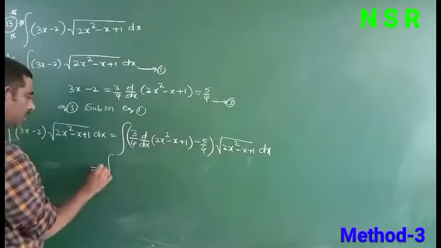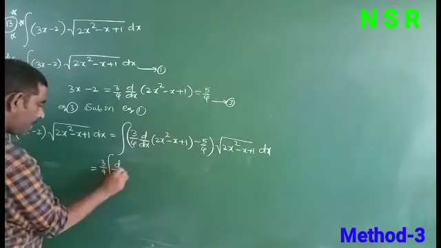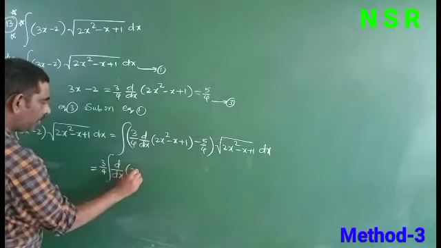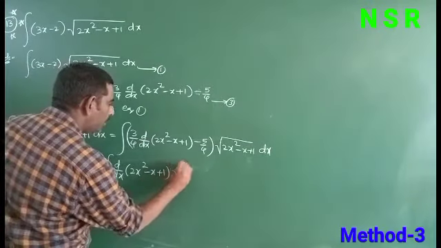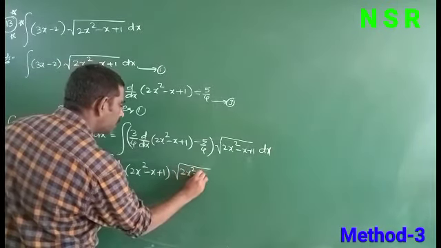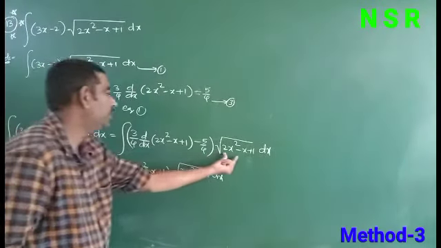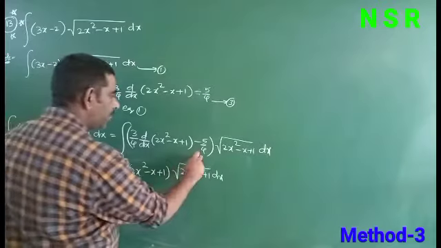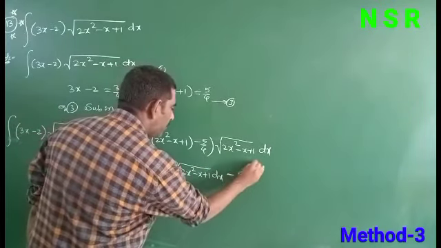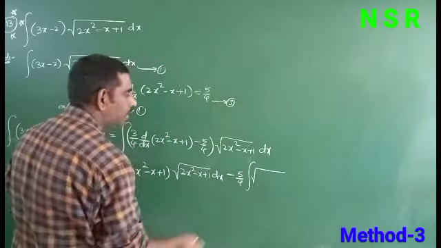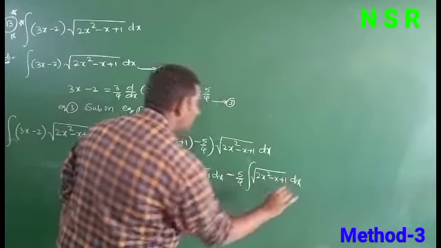We get integration of 3 by 4 into d by dx of 2x square minus x plus 1 into square root of 2x square minus x plus 1 into dx, minus 5 by 4 into square root of 2x square minus x plus 1 into dx.